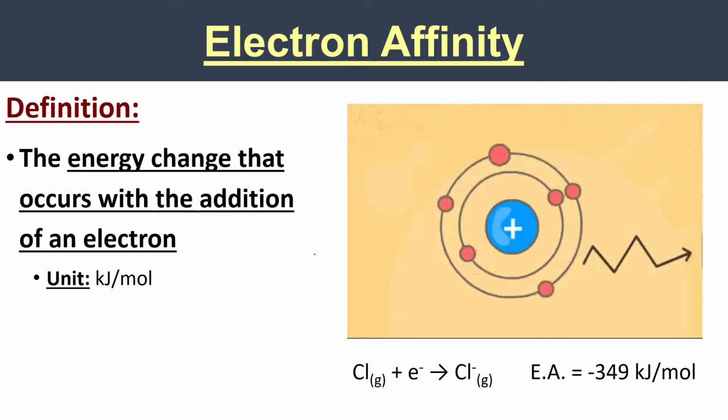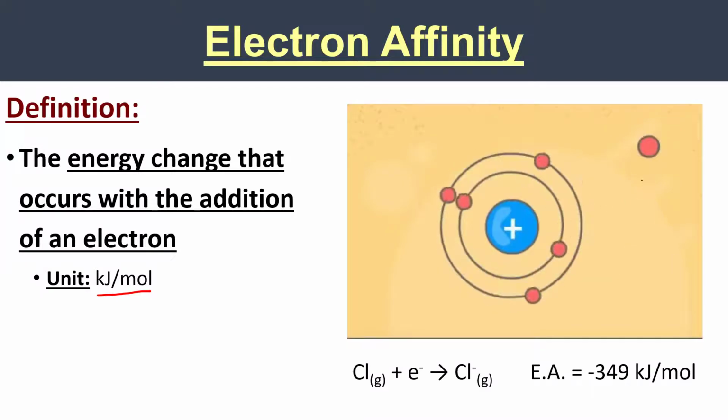And so by definition, electron affinity is the change in energy that is going to occur with the addition of an electron. And that change is measured in how many kilojoules are either absorbed or released per mole of electrons. Let's peek at this animation here of an atom acquiring an electron. And you notice as it acquires it, there is energy that is being released.